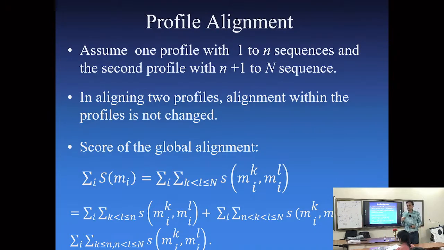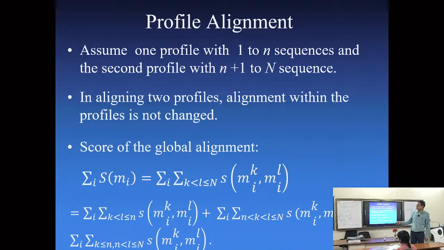That is the new. And if you want to maximize the score, you have to maximize the third term, the cross term, right? And identify the lineup of two profiles or two groups of sequences that has the highest value for the third term, right?